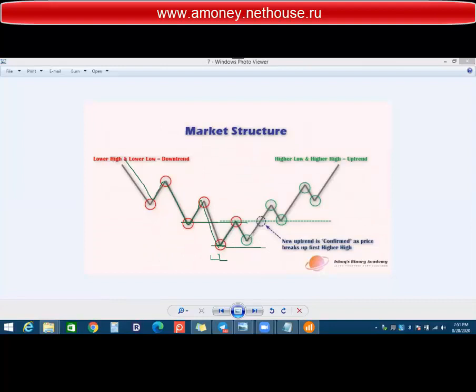It makes a lower high, and the market moves up and breaks the last lower high. That is a confirmation that the uptrend is going to start. The market moves up, goes down, retests the level, and moves up. Now the impulsive wave starts from here: 1, 2, 3. Is it clear?